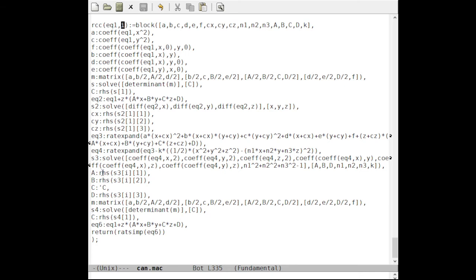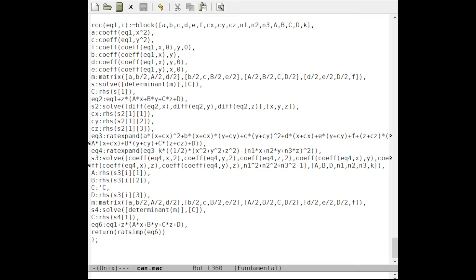And we specify C as quote C so that we can again make the matrix with now the solutions for A, capital B, capital D, and solve again for C in terms just as above. Now our equation 6 here will be the equation of the right circular cone.